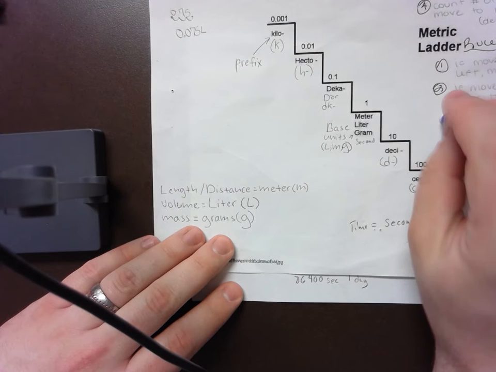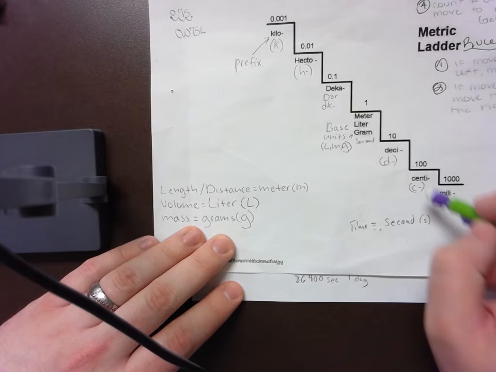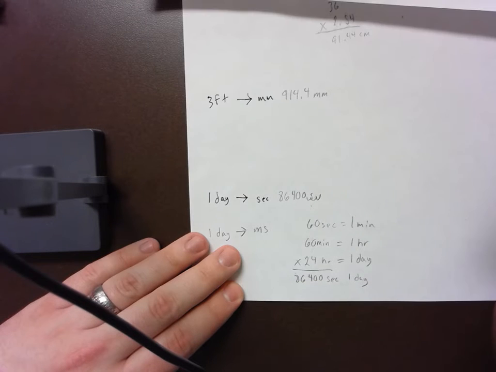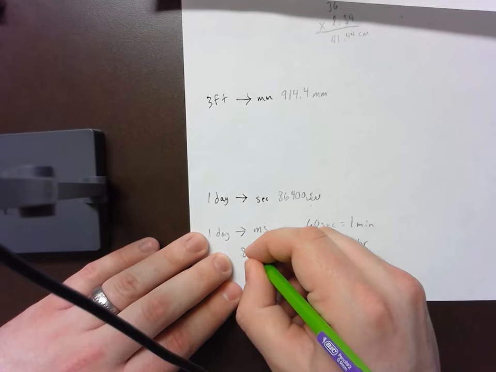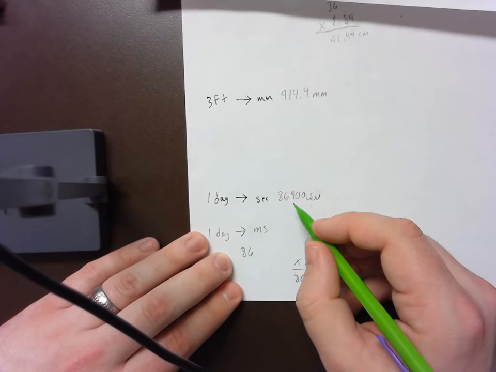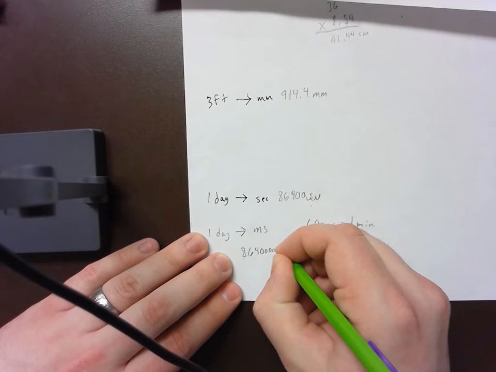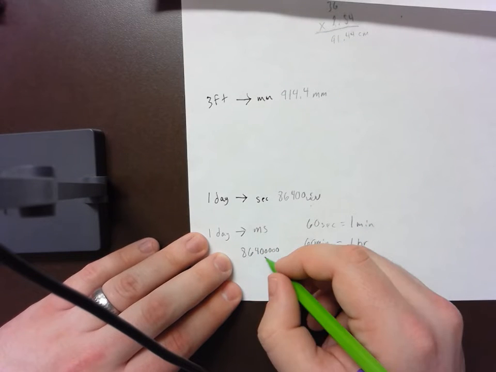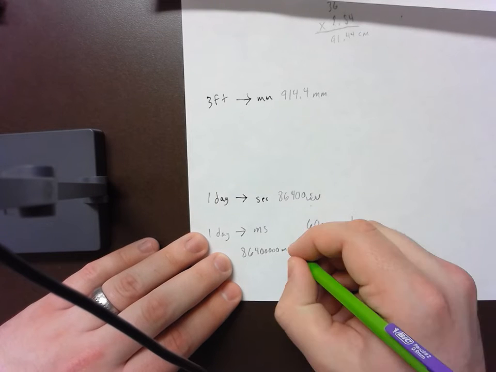So if we're starting with second here, we go 1, 2, 3. So that means we move our decimal place 1, 2, 3. So now there are 86,400,000. So that means we have 86,400,000 milliseconds each day.